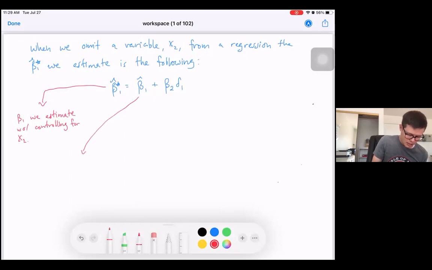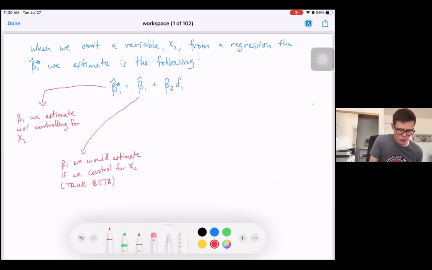This is the beta 1 we would estimate if we control for x2. We also call this, I'm going to put in all caps so you can remember, the true beta. So we say this is actually the beta that we wanted. This is the beta we actually want.